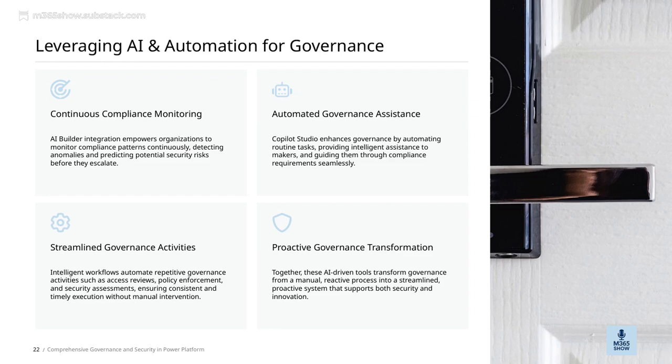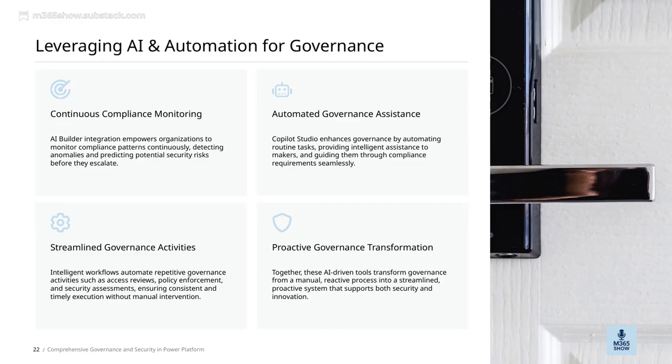Another important point is how Copilot Studio enhances governance. It automates routine tasks, offers intelligent assistance to makers, and guides them seamlessly through compliance requirements. This not only reduces the workload, but also helps maintain high standards of compliance across the board. Additionally, AI Builder integration plays a crucial role in continuous compliance monitoring.